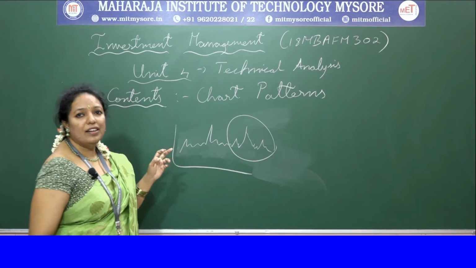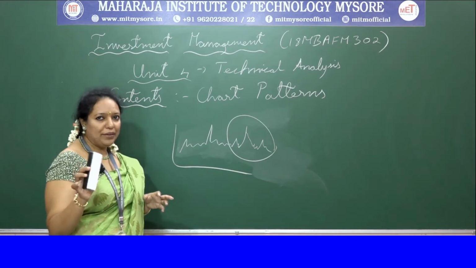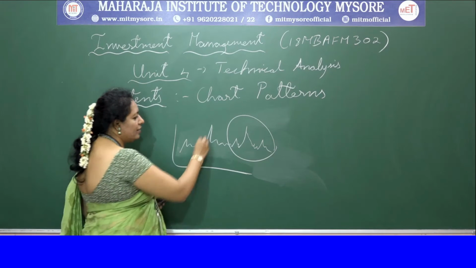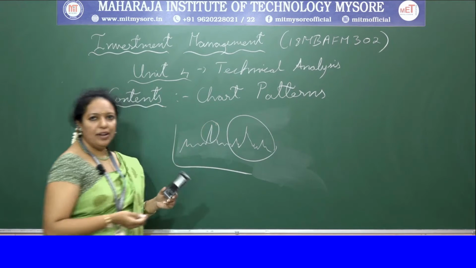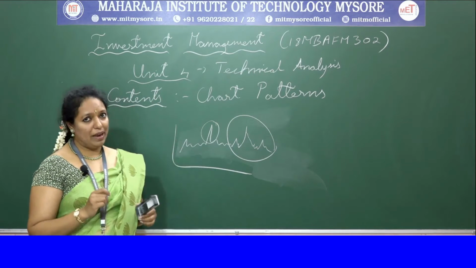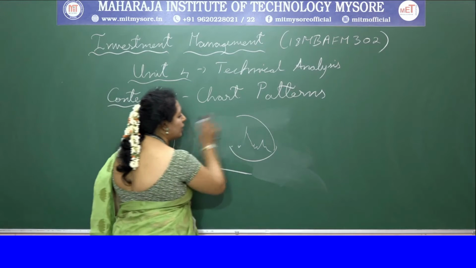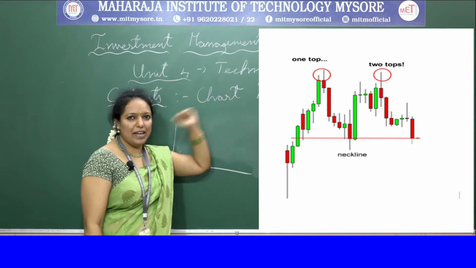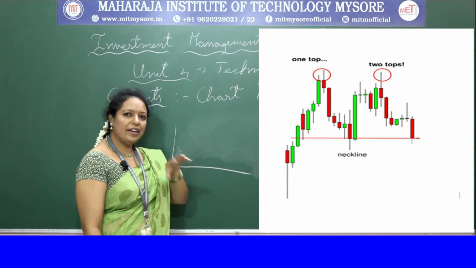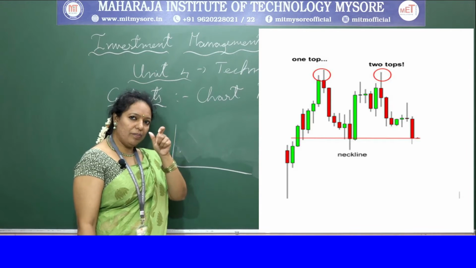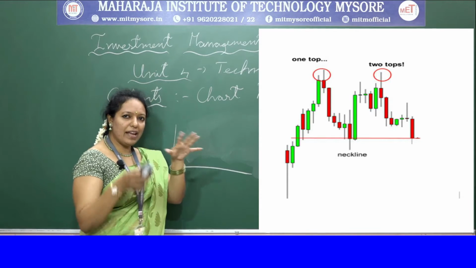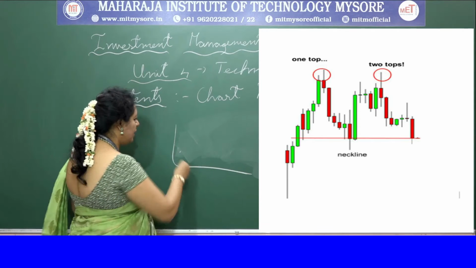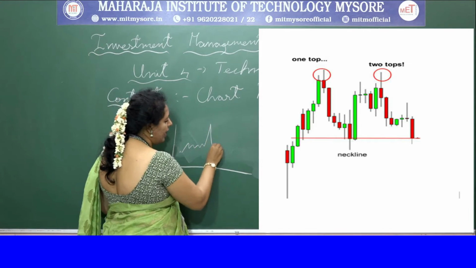So here, there is a top pattern. You can identify this as a top pattern, and there is a double top pattern also. I'll show you how a double top looks. You can see the chart displayed here. There also you can identify that there is a double top, meaning the prices are similar in that range.